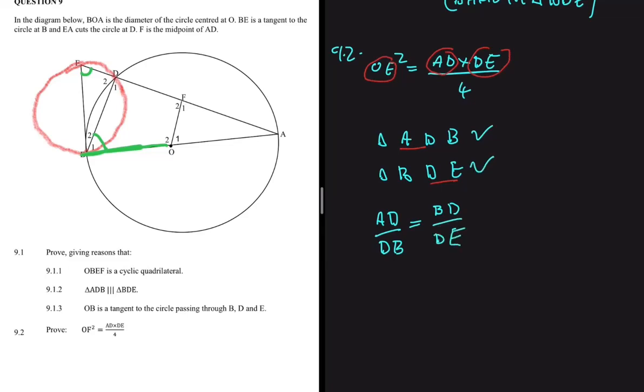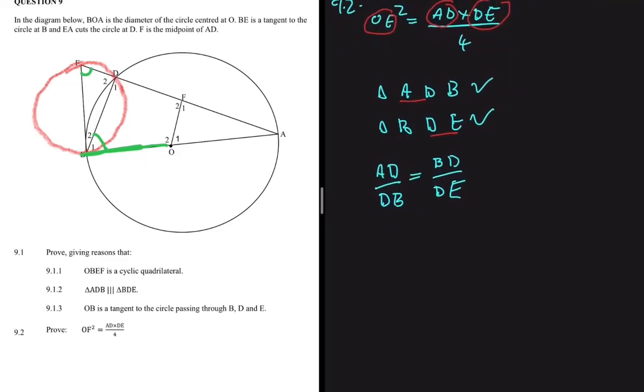The sides will be in proportion because the two triangles are similar. And we must state that we're saying that because we know fully well that triangle ADB is similar to triangle BDE. So now we can cross multiply, and we get DB squared is equal to AD multiplied by DE, because DB is just BD.